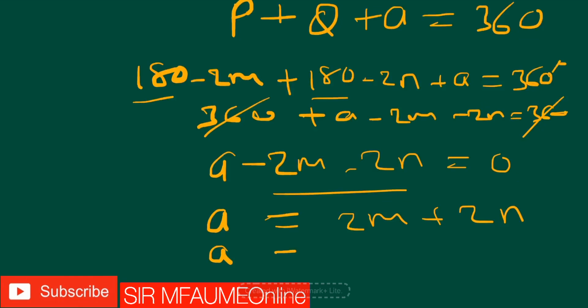From there, A will be equal to, taking out the common factor, 2 times M plus N inside the bracket.